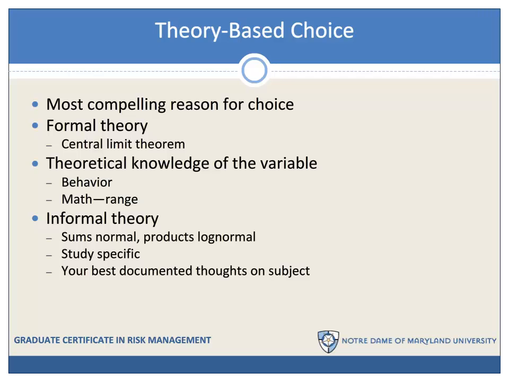So I would say, when I speak about theory, I would step down from formal theory and say the next level of theory is theoretical knowledge of the variable. You all are subject matter experts, and you know how these variables behave. If you are a financial expert, you know how stock dividends will behave. If you are a microbiologist, you will know how a bacteria will behave.